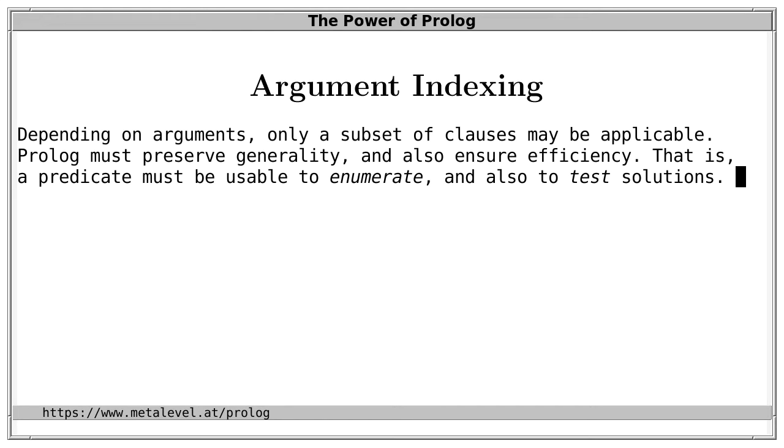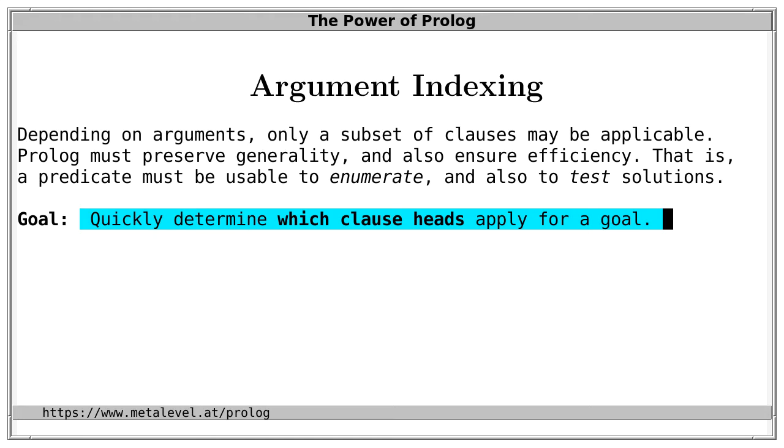So, in particular, if some arguments are already instantiated, then we expect the Prolog system to quickly determine which clauses are applicable and to try only that subset of clauses. And one way to do this is to consider the head of each clause, and ideally in such a way that a complete scan of all clauses is avoided.